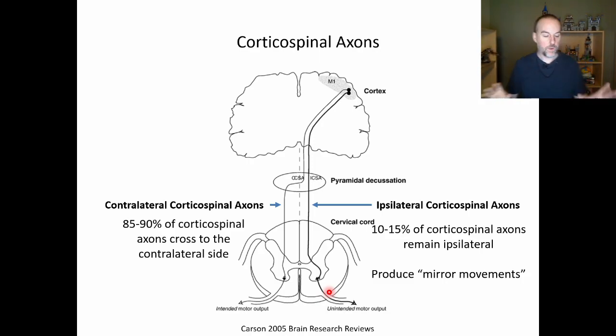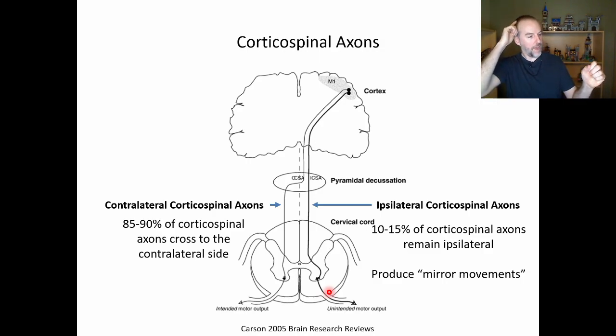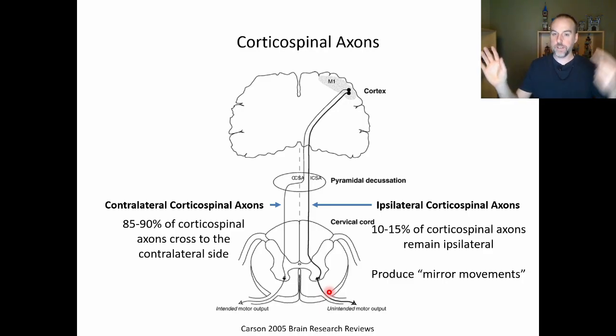So if I'm standing here and I want to send a motor command to my left hand, about 90% of that motor command is going to my left hand, but 10% via the ipsilateral corticospinal axons wants to go to my right hand.